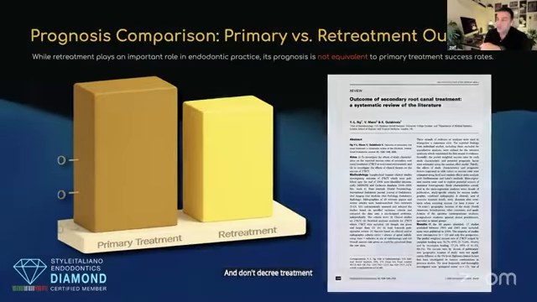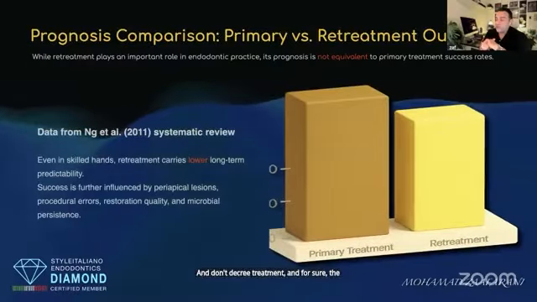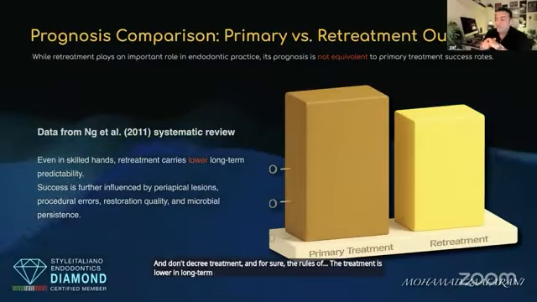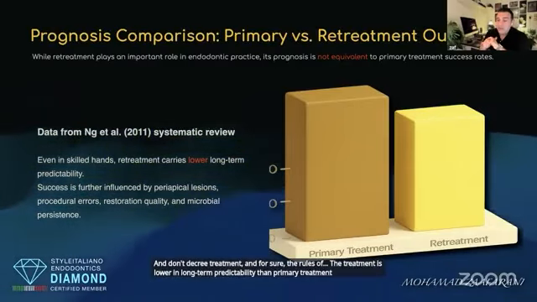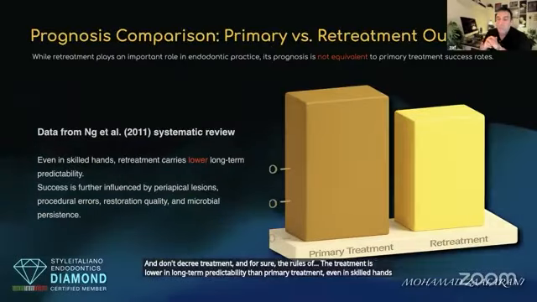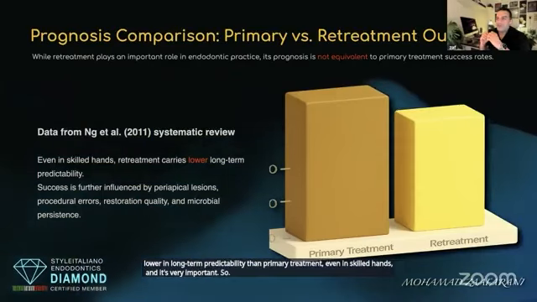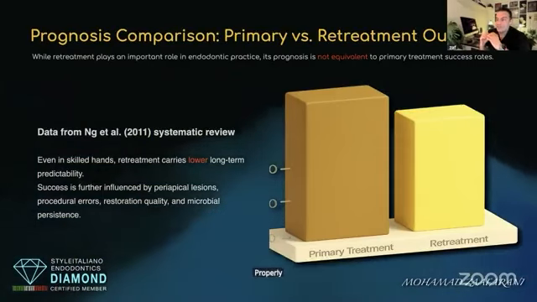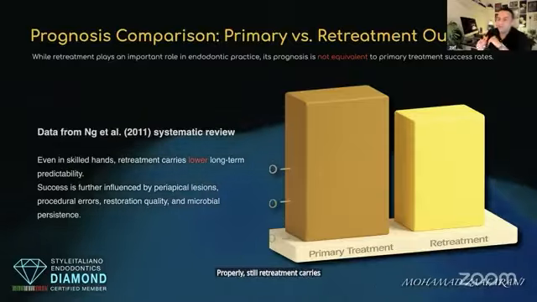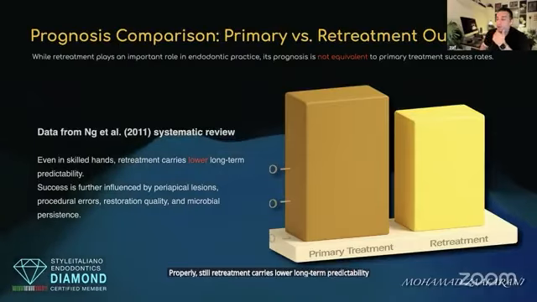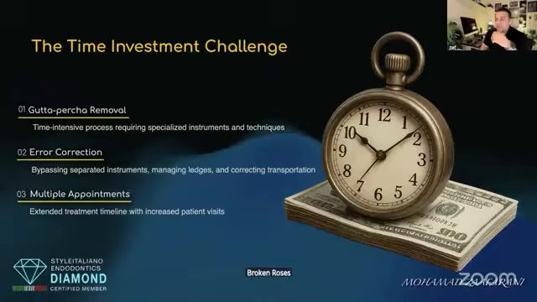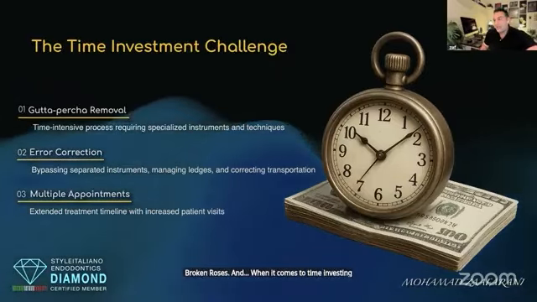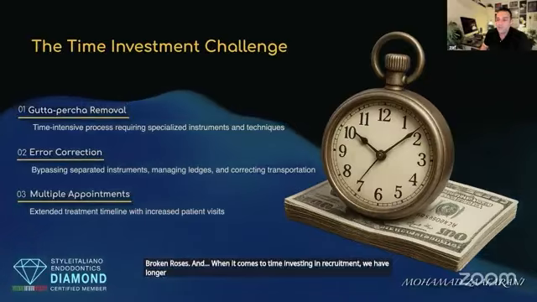And for sure, the prognosis of retreatment is lower in long-term predictability than primary treatment, even in skilled hands, and it's very important. So even if you did the treatment properly, still retreatment carries lower long-term predictability and for sure lower prognosis.